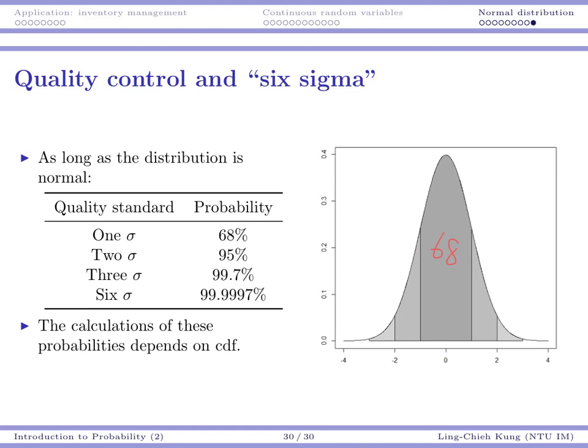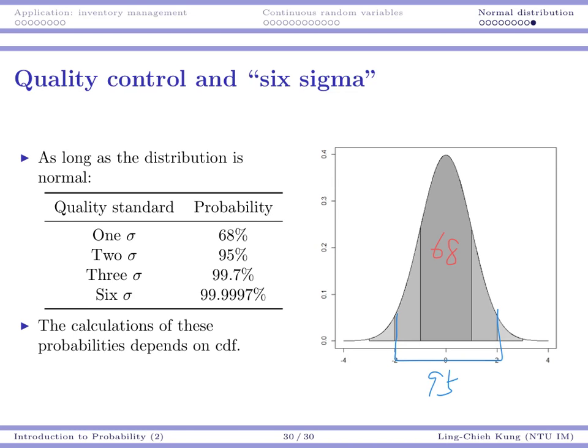Within 2 sigma, from here to here, the probability is 95%. Within 3 sigma, it's almost 100%, and within 6 sigma, it's almost 1.